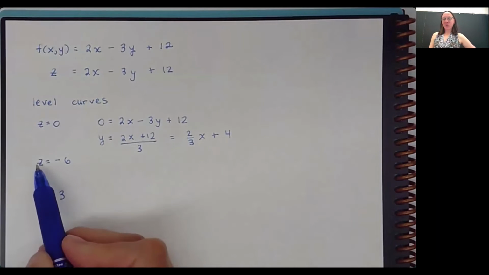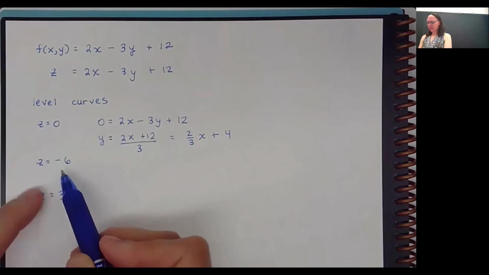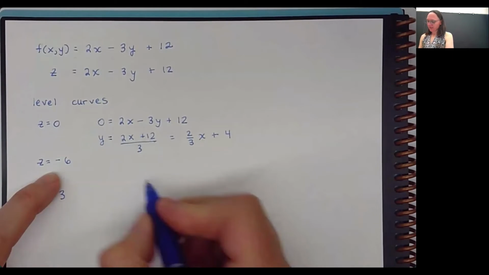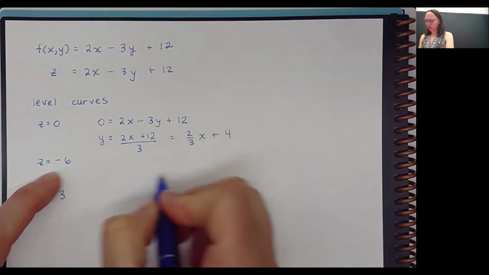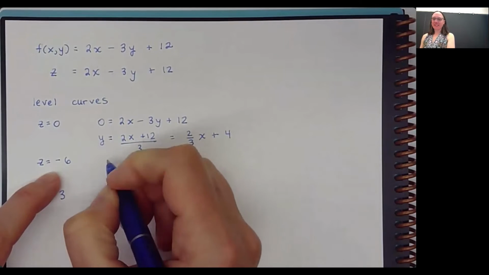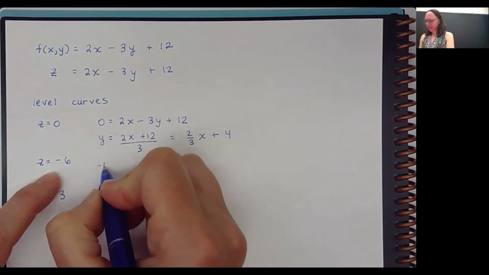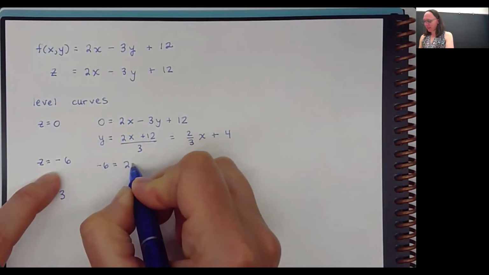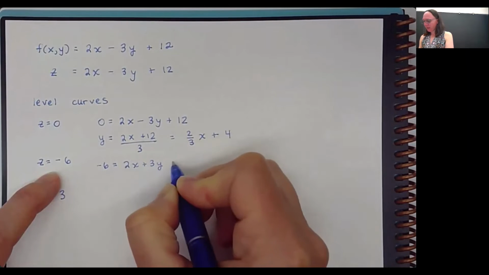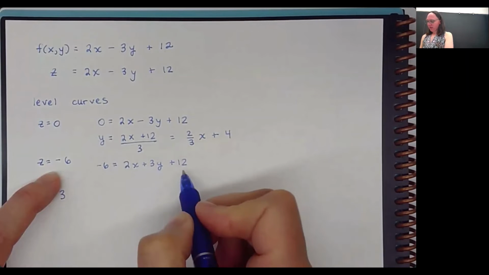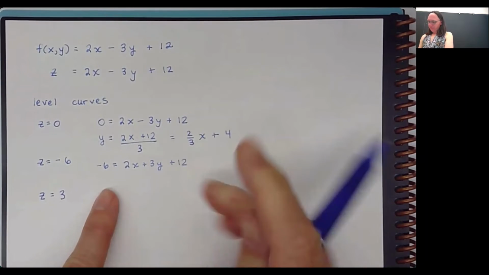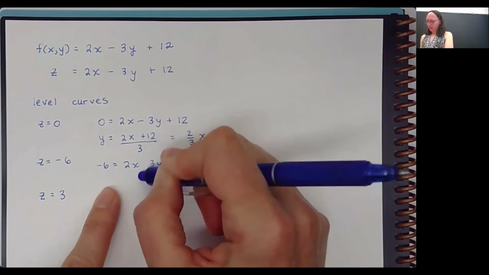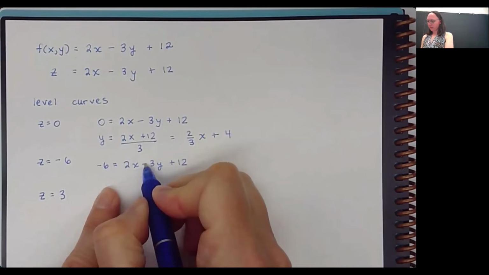If I set z equal to -6, I'll sketch them all in a second, but I'm just getting them all rearranged. So I've got -6 is equal to 2x minus 3y plus 12. I'll try not to make too many mistakes.